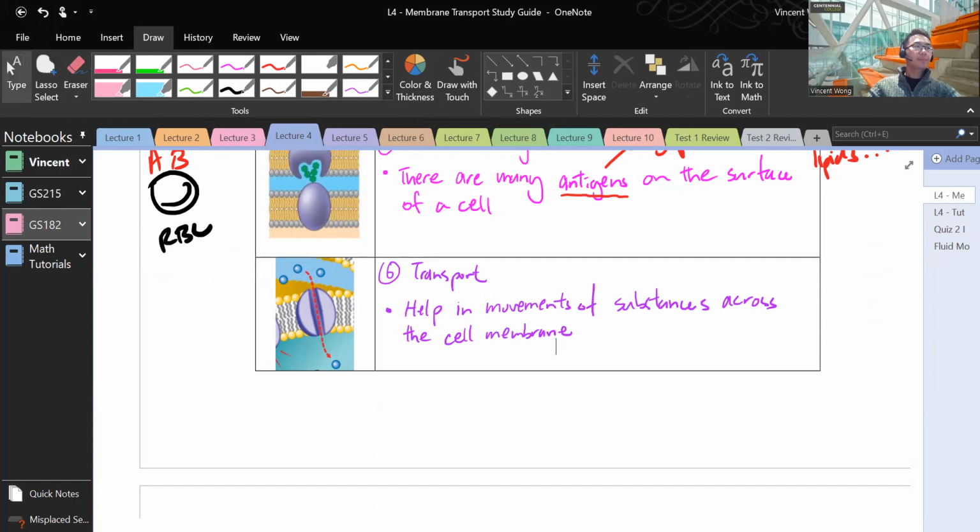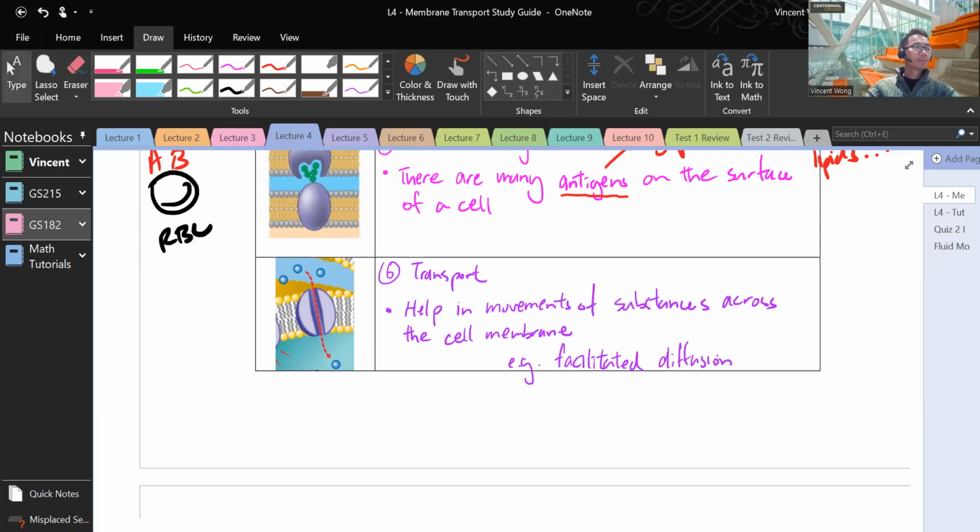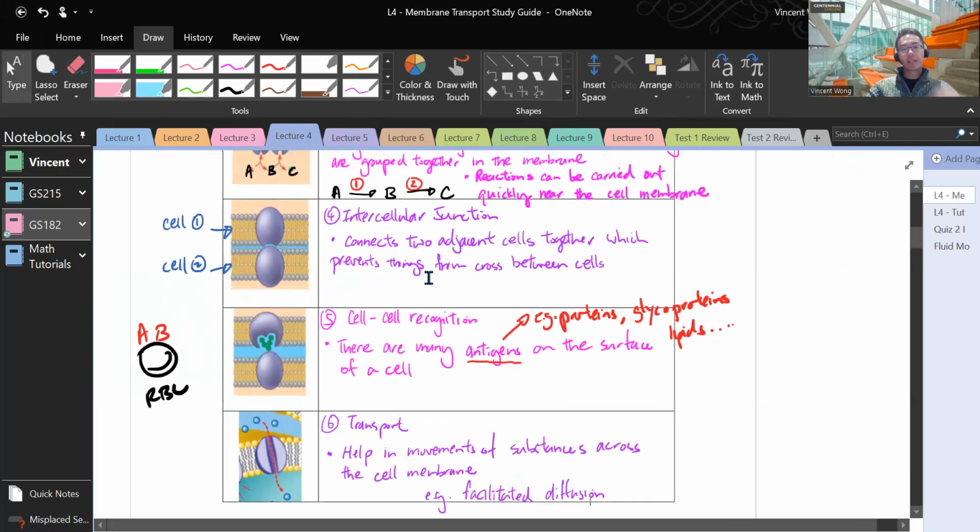For example, facilitated diffusion. Okay. So those are the functions of the membrane proteins.